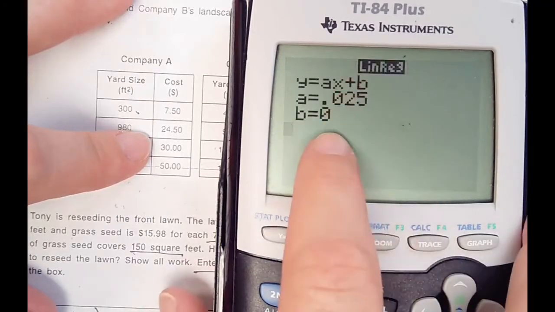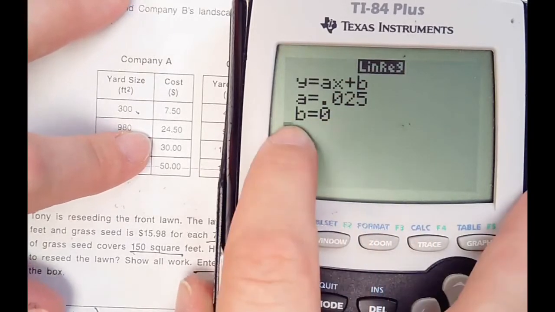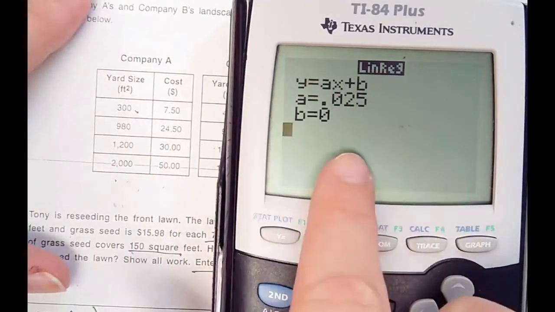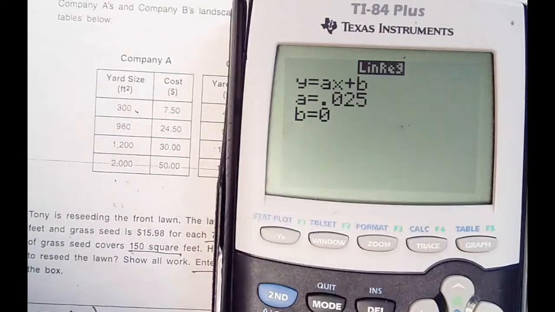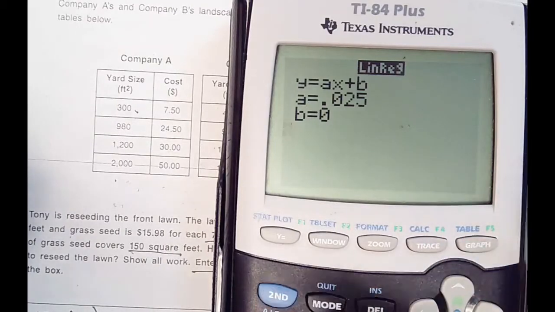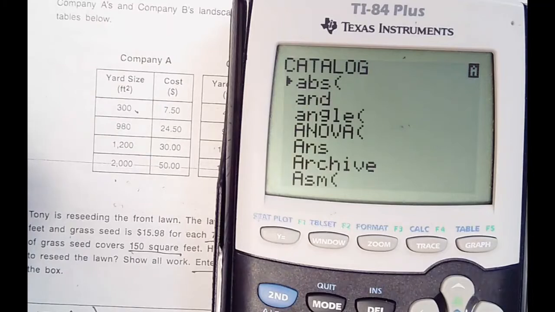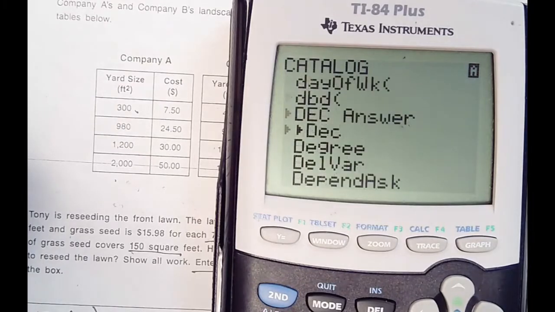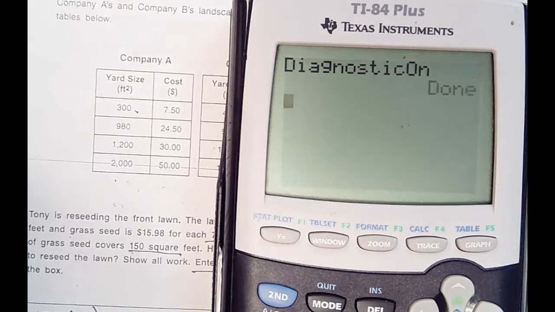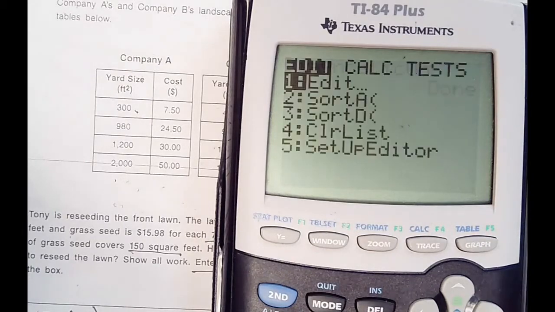If I wanted to find the correlation coefficient, so how well that equation fits, to make sure it's perfect, I could turn on my diagnostic. Second 0, arrowing down to diagnostic on, enter, enter, and back to stat, arrow over to calculate, option 4, enter all the way through.